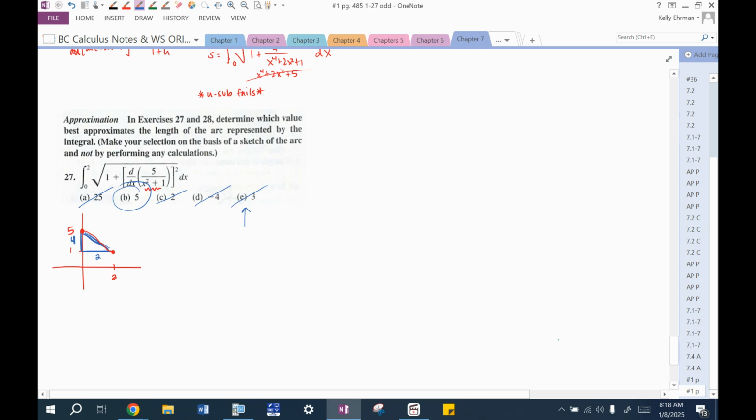Because, okay, here's what else I was doing. I was saying, what is the derivative of 5? Let's go through what this would be.